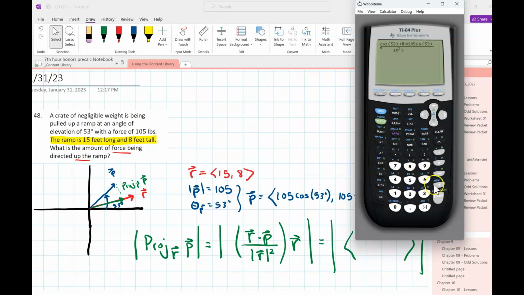So the squared and the square root cancel each other out, and I'm just going to have 15 squared plus 8 squared.